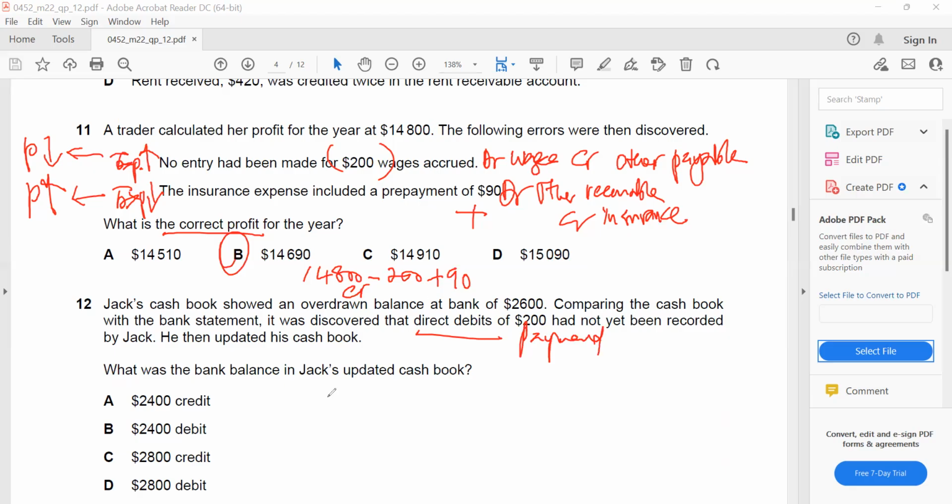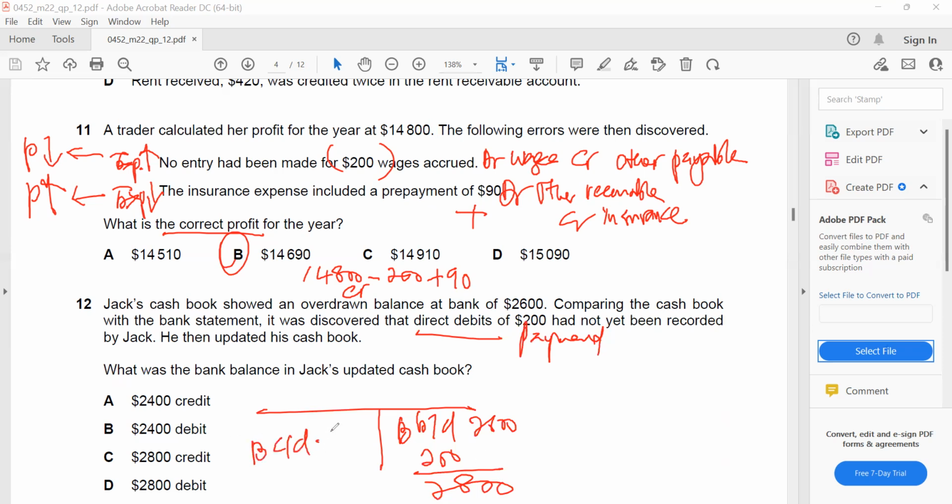Because this one is a debit, direct debit, so what balance now? Cash book 26. This amount we have to put into here, deduction 200. So total become 2008. So the answer should be balance carried down 2008. So this is referred to the balance brought down, the amount transferred to here.